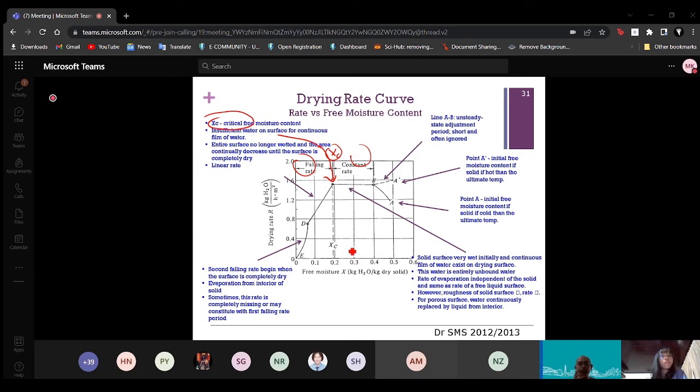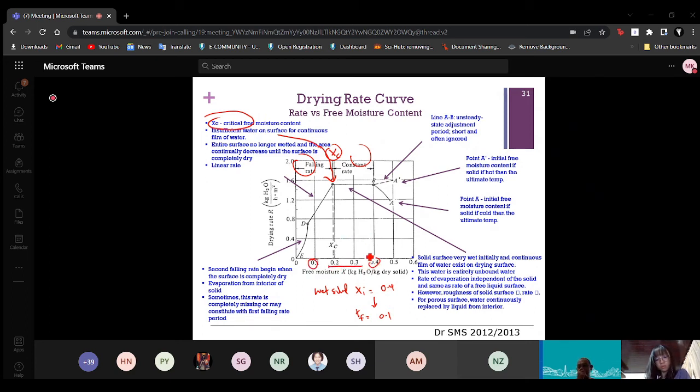Let's say I give you a simple example. You ada wet material, wet solid. You want to dry it initial at 0.4, katalah initial moisture content adalah 0.4, and then you want to dry it until X final kepada 0.1. Okay, you see that you have, kalau you referring to this graph, 0.4 until 0.1.